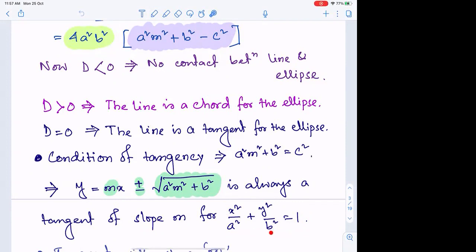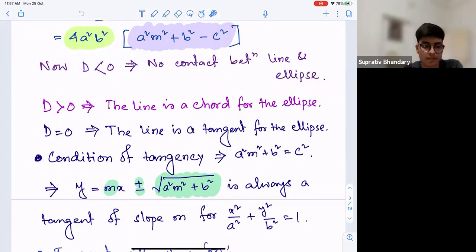If b is more than a, then this ellipse is vertical. And even without deciding that, we have got 2 equations of tangent having slope m. So that means simultaneously we have got tangents for a horizontal as well as a vertical ellipse. Right, everyone? Yes, sir. Okay.